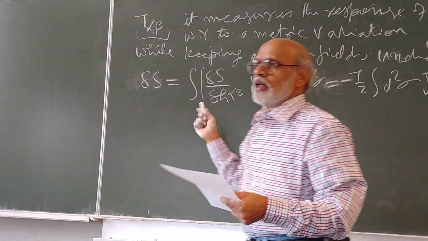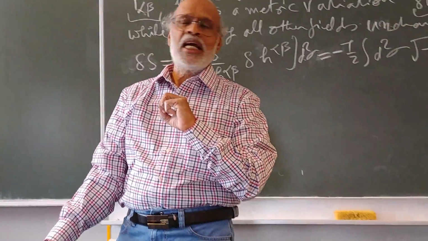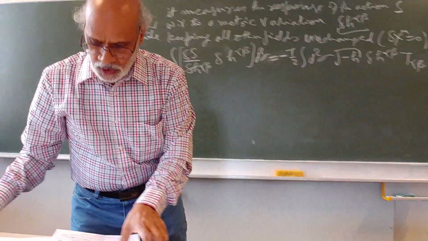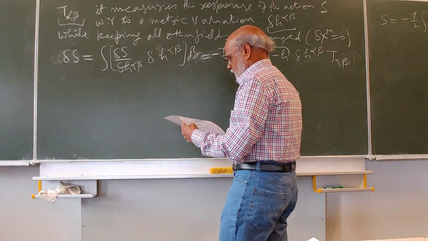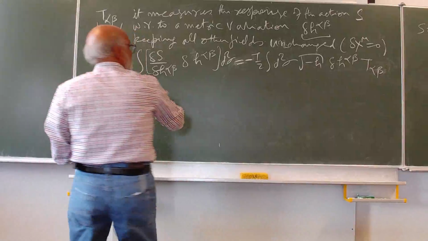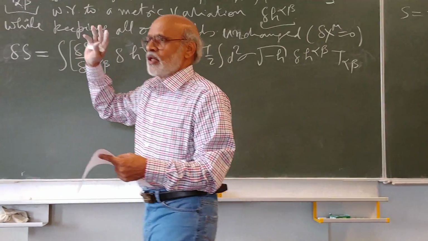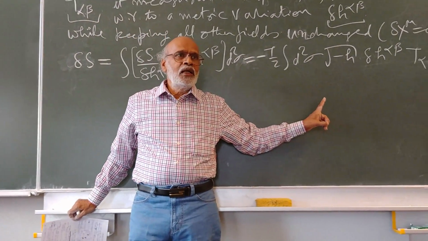And if I equate it to 0, then that would give me the equation of motion of my metric field H alpha beta. This is the variation in the action, and I am assuming the variations in all other fields to be 0, except the variation in the metric field H alpha beta.